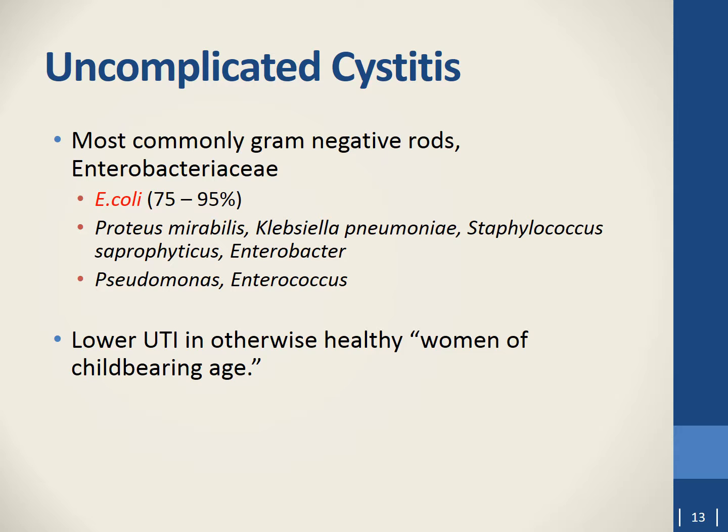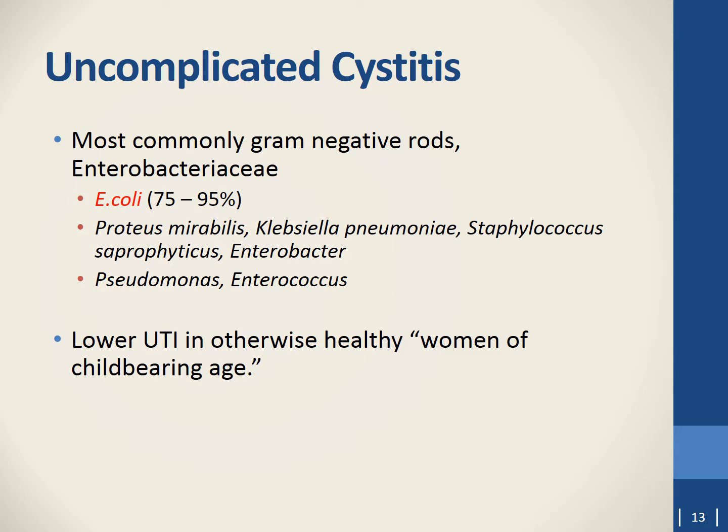And you can see some of the other Enterobacteriaceae, Proteus, Klebsiella, Enterobacter, and then some staph flora like Staph saprophyticus, and then in more rare cases, in patients with underlying risk factors, you may see Pseudomonas, as well as Enterococcus, keeping in mind that Enterococcus can be intestinal flora, so there can be cross-contamination, and that's how Enterococcus can get introduced.